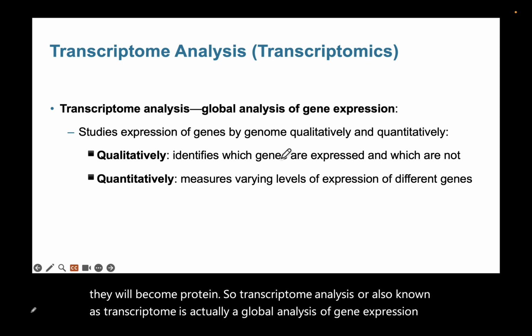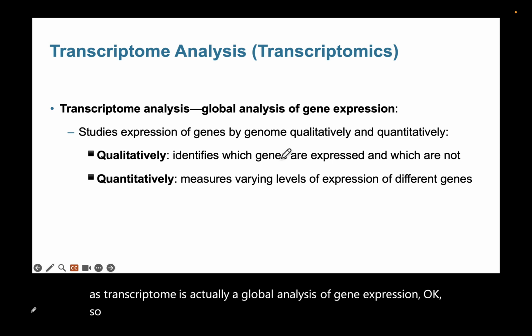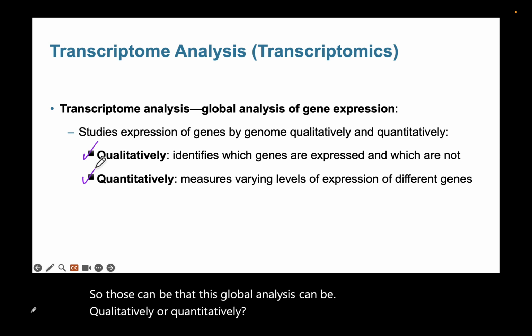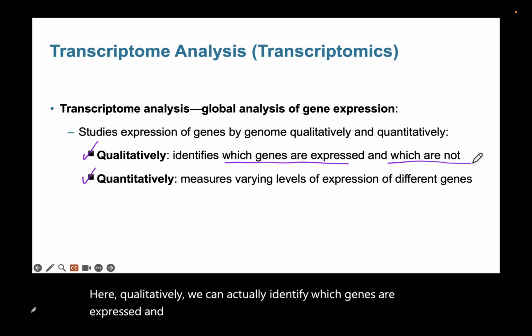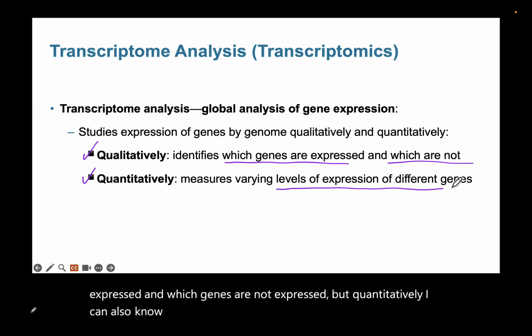This global analysis can be qualitative or quantitative. Qualitatively, we can identify which genes are expressed and which genes are not expressed. But quantitatively, I can also know how much of those genes are being expressed.